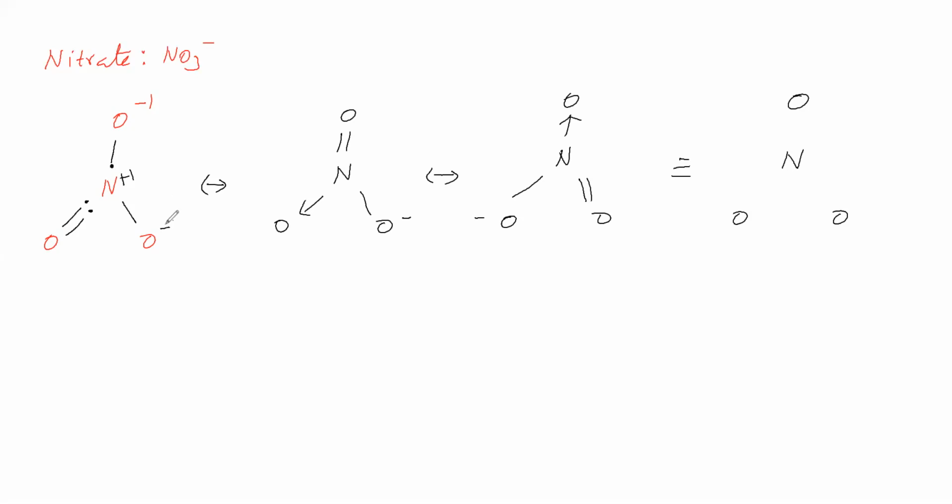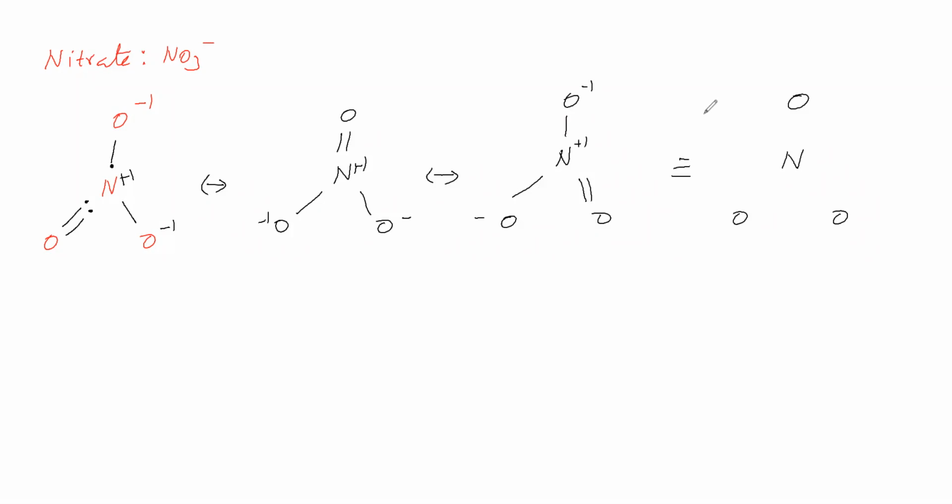So plus 1 here, minus 1 here. It is a donor, therefore plus 1. It is an acceptor, therefore minus 1. Here plus 1, here minus 1. Then we'll write this dative bond also as a normal covalent bond by giving formal charges, here minus 1, here plus 1.